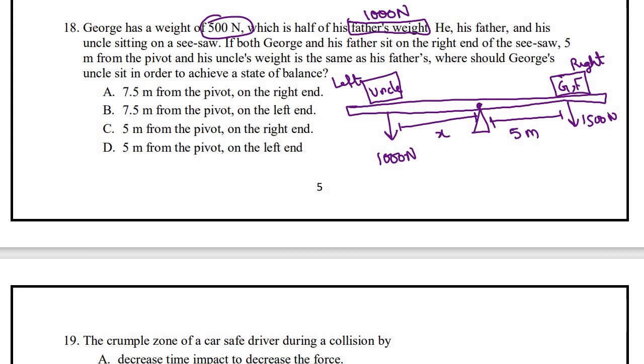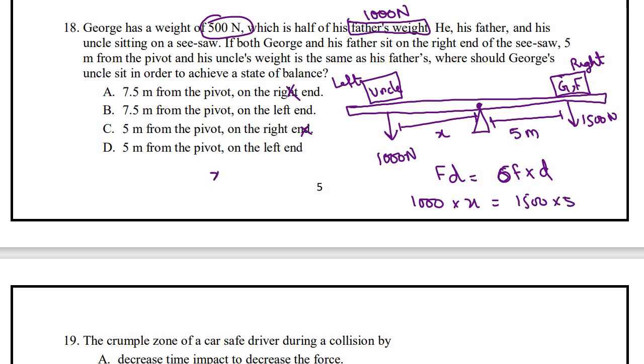So as we can see, to balance this seesaw, the uncle should sit on the left hand side. It means these two options are incorrect. So force multiplied by distance on the left side will be equal to force multiplied by distance on the right hand side. So left hand side force is 1000 and the distance is x. Right side force is 1500 and the distance is 5.